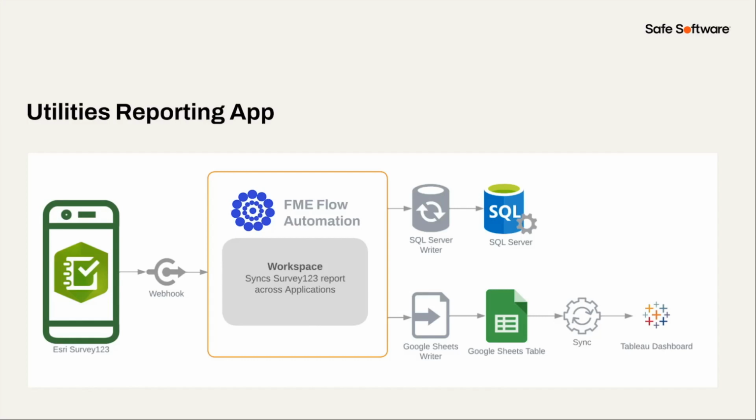That will kick off a workspace, which will then digest that webhook payload, extract the attributes from the JSON message, and then we'll have two ways of processing this data. We'll be writing it out to our SQL Server table, and then we'll also be writing it out to our Google Sheets table, which will then be used to sync to our Tableau dashboard.